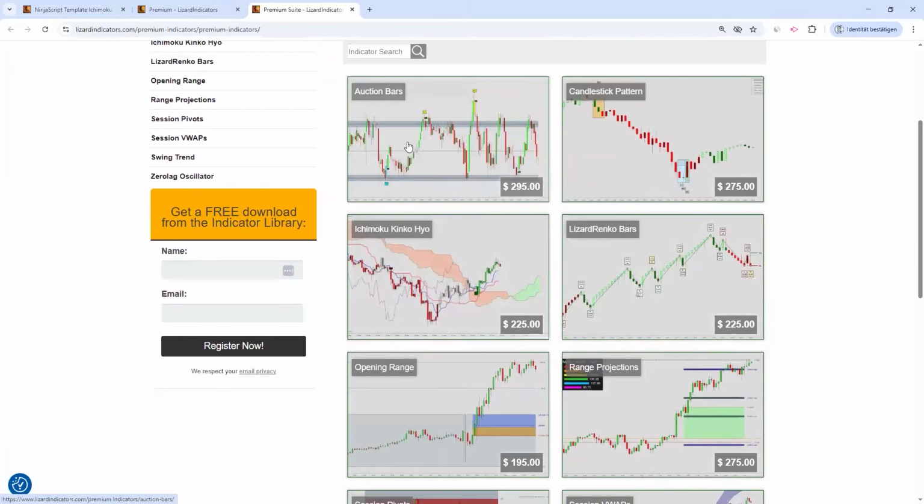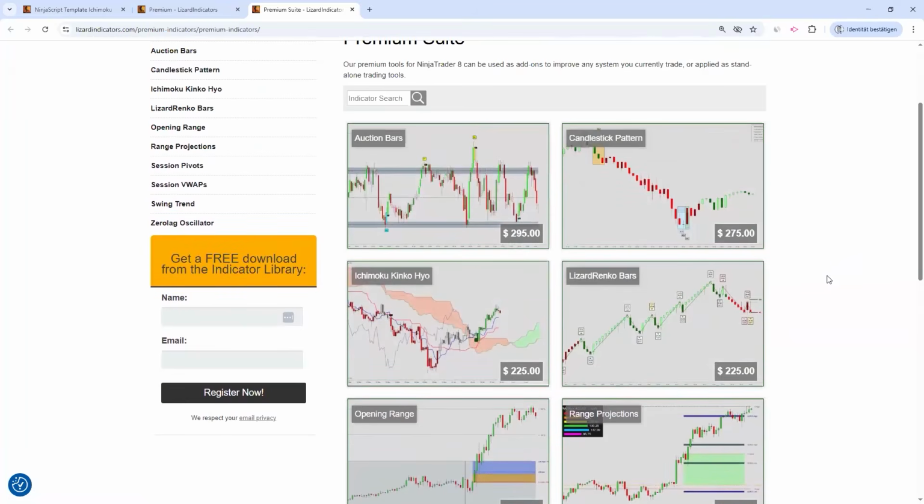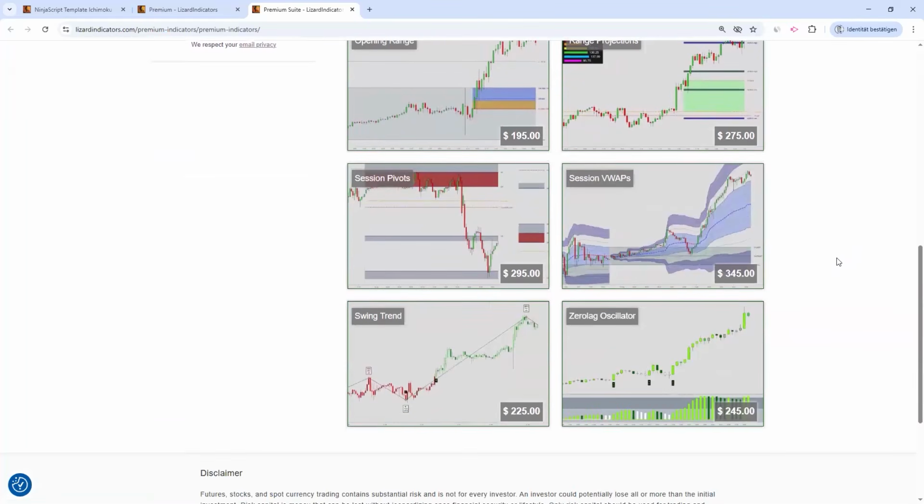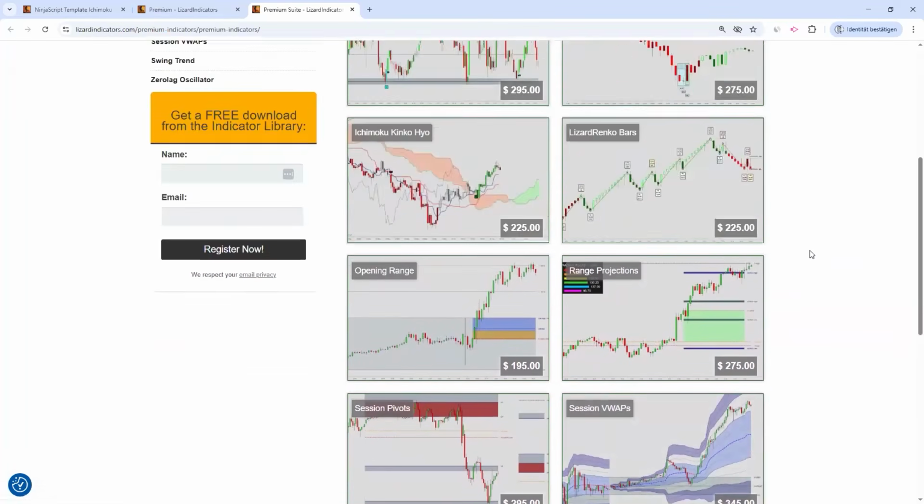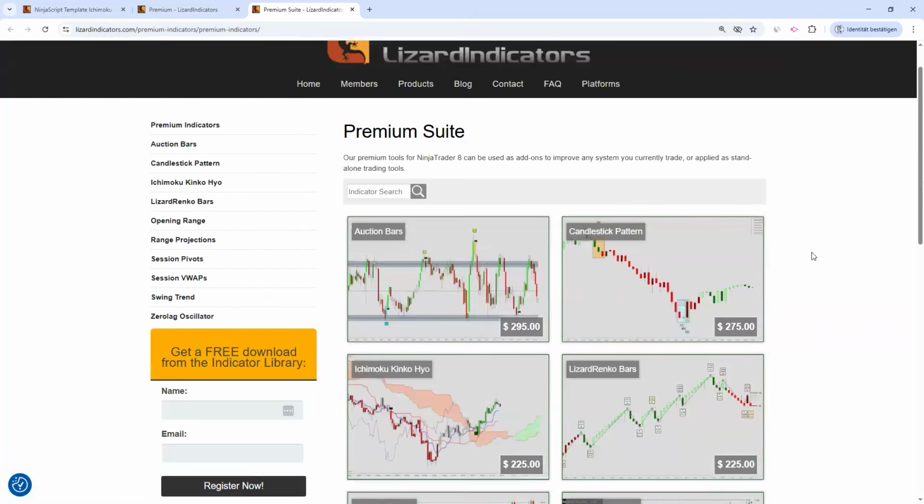The auction bars we wanted to add as well, but seeing that this is working mainly with market orders, we'll put that on the back burner for now. But yes, you'll see the NinjaScript templates work with these four premium suite tools to start off with. So again, the candlestick pattern indicator, the Ichimoku, the swing trend, and the zero lag oscillator.